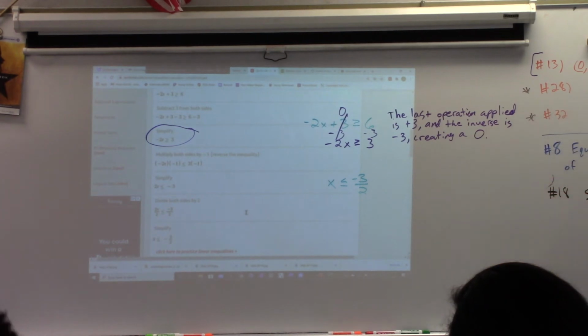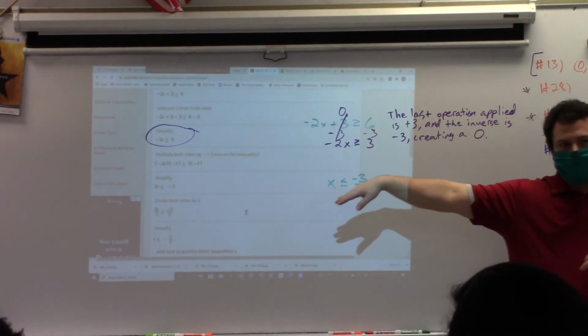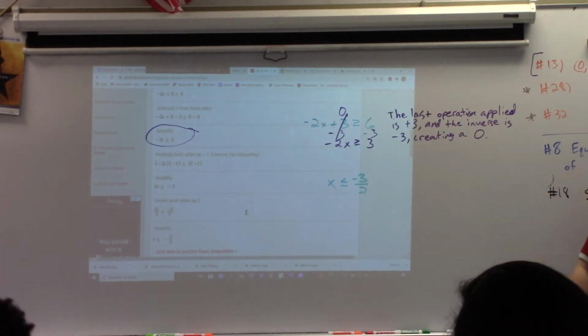Now, I will say this, and I'm glad that Kelsey brought this up earlier. All we've done is explain why we subtract 3. Why did we subtract 3 from both sides? To keep it equal. Let's work on that language. Because it's an inequality, we don't want it to be equal.